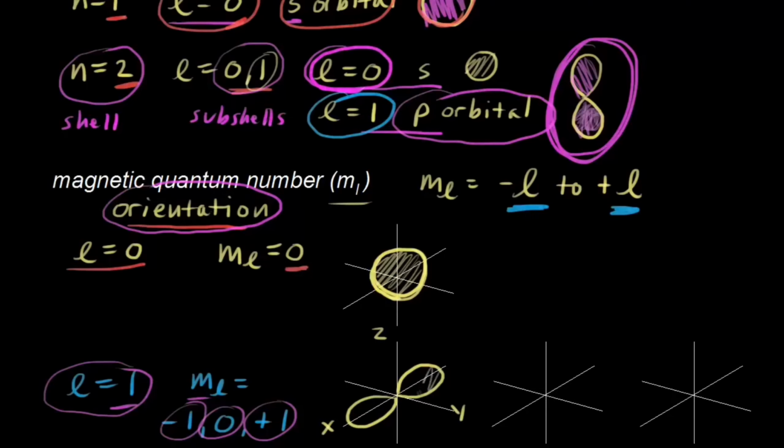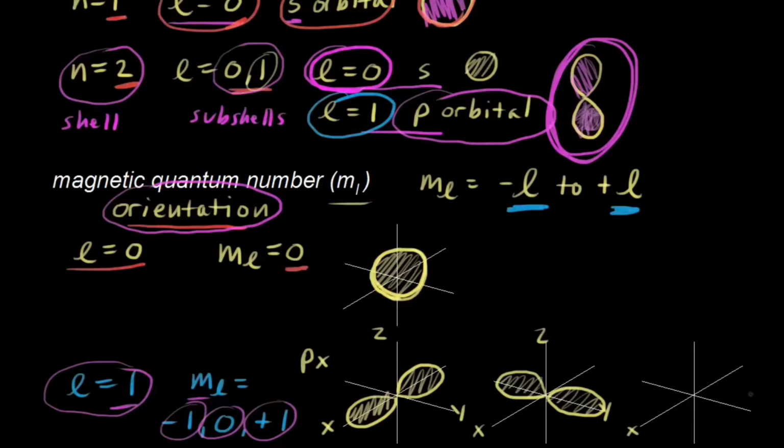Again, imagine this as being a volume. This would be a p orbital. We'd call this a px orbital, right? It's a p orbital and it's on the x-axis here. So we have two more orientations. If this is x, this is y, and this is z, we could put a dumbbell here on the y-axis. So there's our second possible orientation.